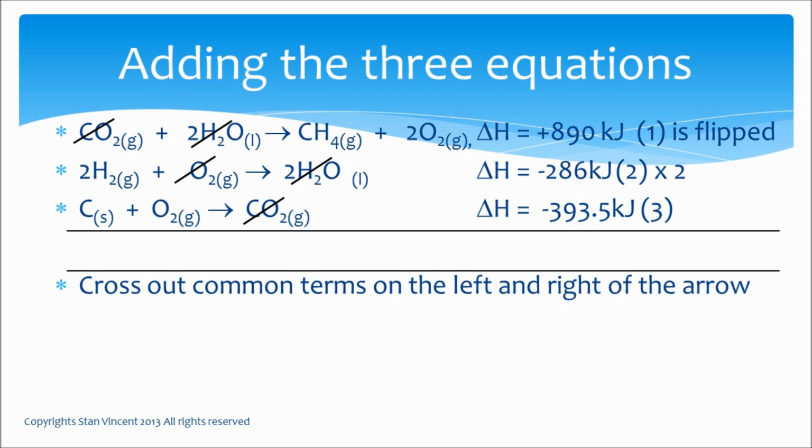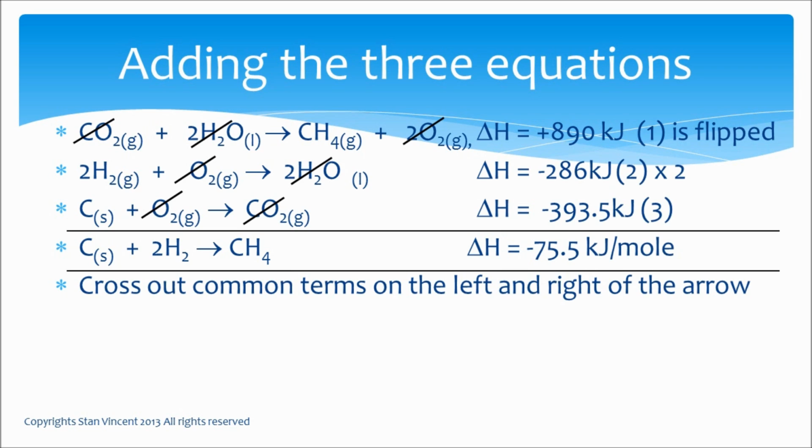On the reactant side, now I have 2 moles of oxygen. The first mole of oxygen is coming from the combustion of hydrogen, and the second mole of oxygen is coming from the combustion of carbon dioxide. So we have 2 moles of oxygen on the reactant side, and we also have 2 moles of oxygen on the product side, so it's totally cancelled out. What remains is carbon plus hydrogen giving methane. That is the target equation that we were looking for.